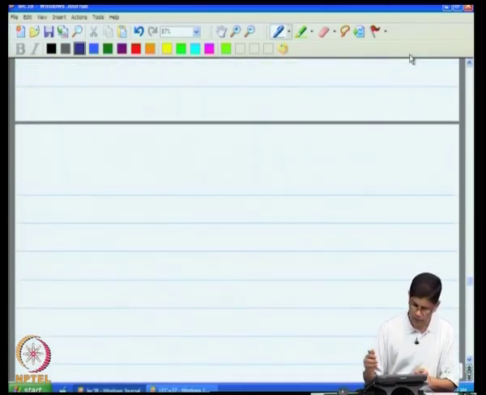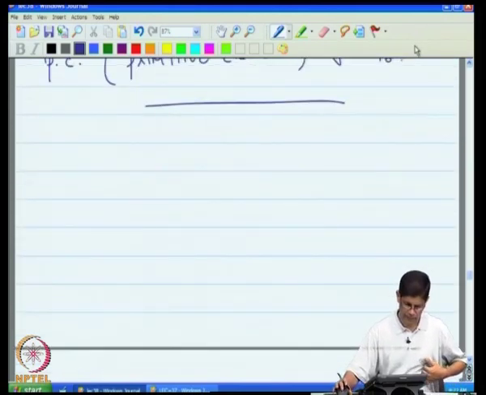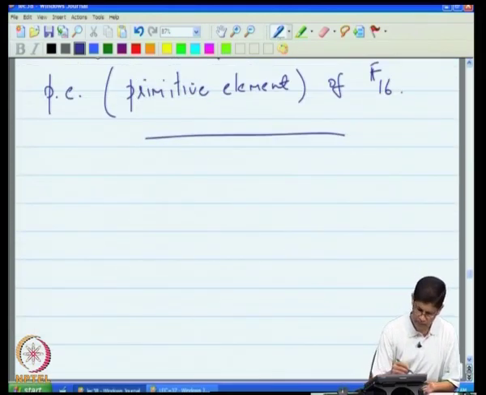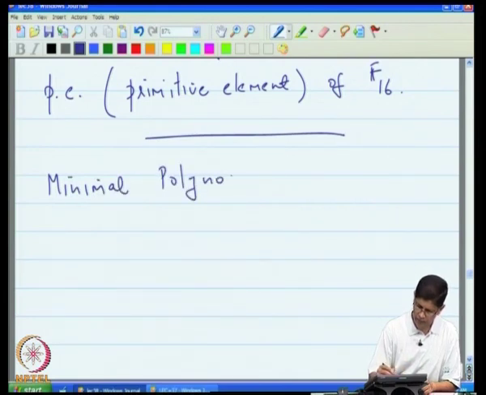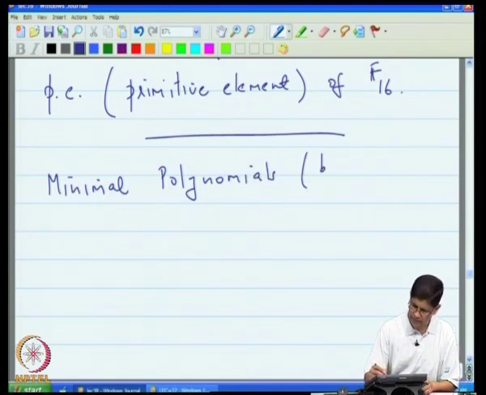Now, we are going to look again at minimal polynomials, by example.